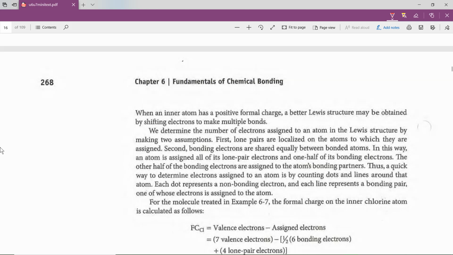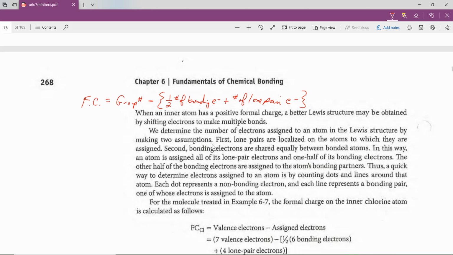Formal charge, or UFC: formal charge is the group number, using the old system, so 1 through 8, minus half the number of bonding electrons, plus the number of lone pair electrons.